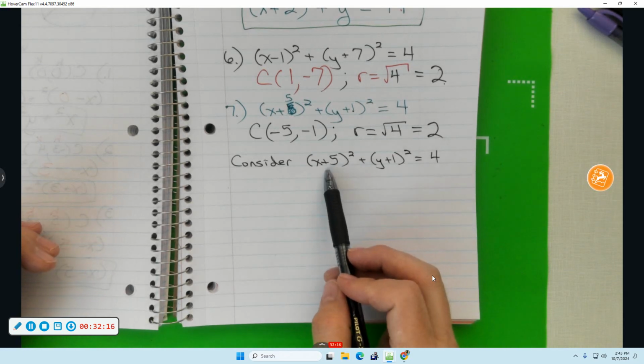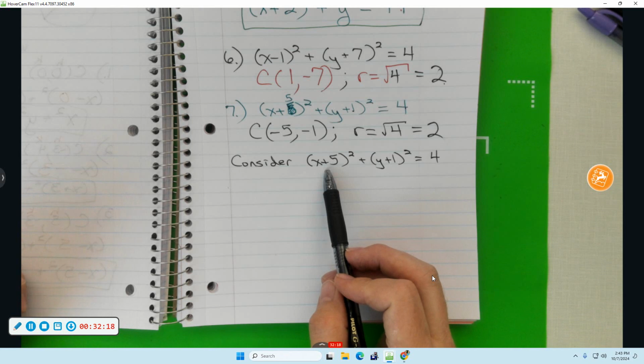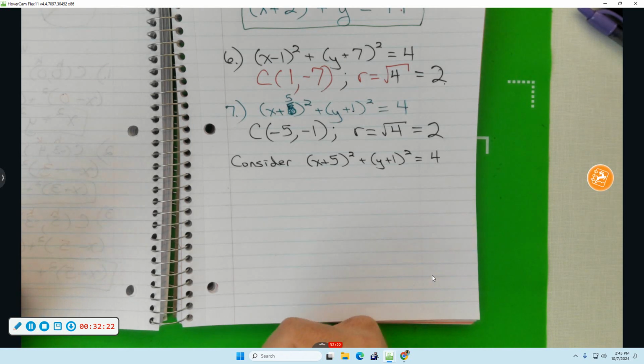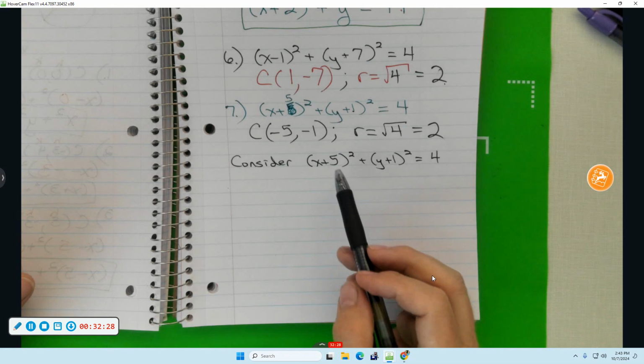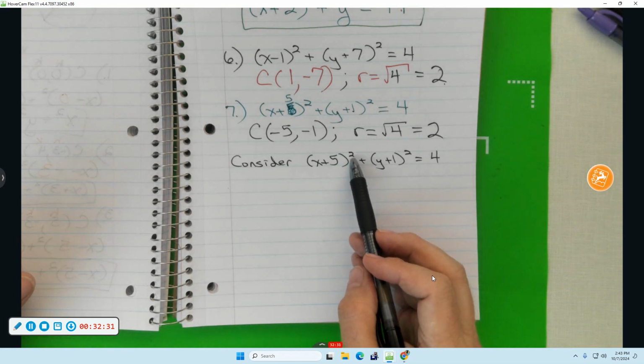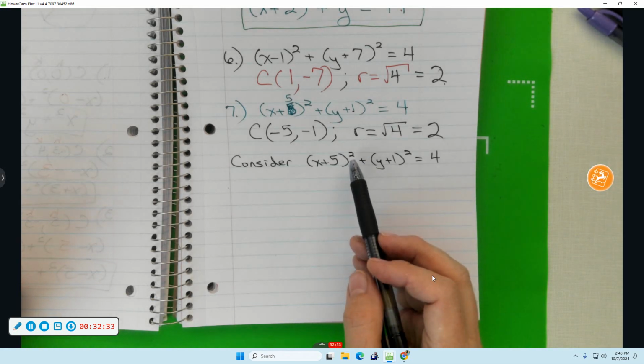We have squared sums and differences since the second class meeting. I remember we had something like a 2 plus 3i that we had to square. If you have a sum or difference being squared, what's the trick?